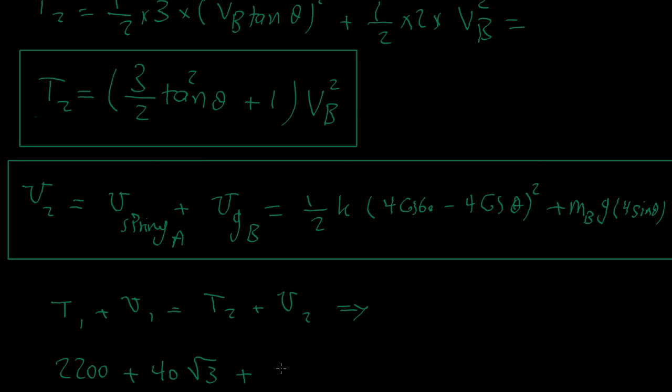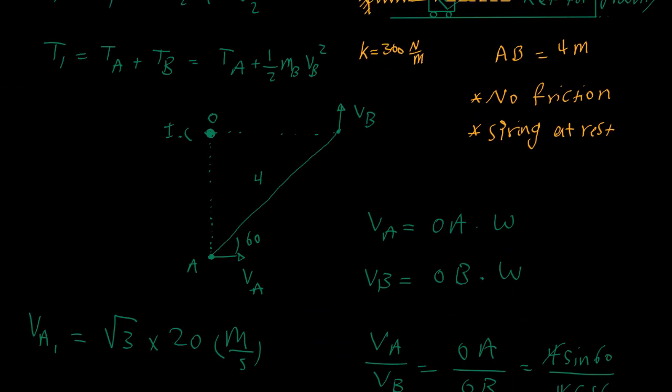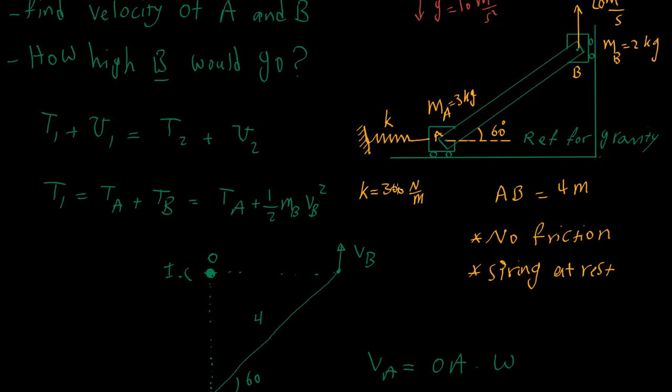So we have T2, which is 3 over 2 tangent theta squared plus 1 times VB squared, plus U2, which is this quantity here. So we also have the constant of the spring. I think it was 300. So yeah, it's 300.